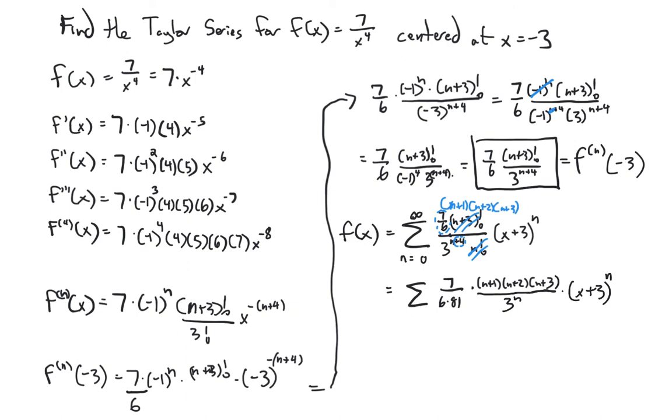And that's basically as simple as we can get it. Maybe we could change this: 6 times 81, we can multiply that out to 486 if we like instead. But basically this is it.